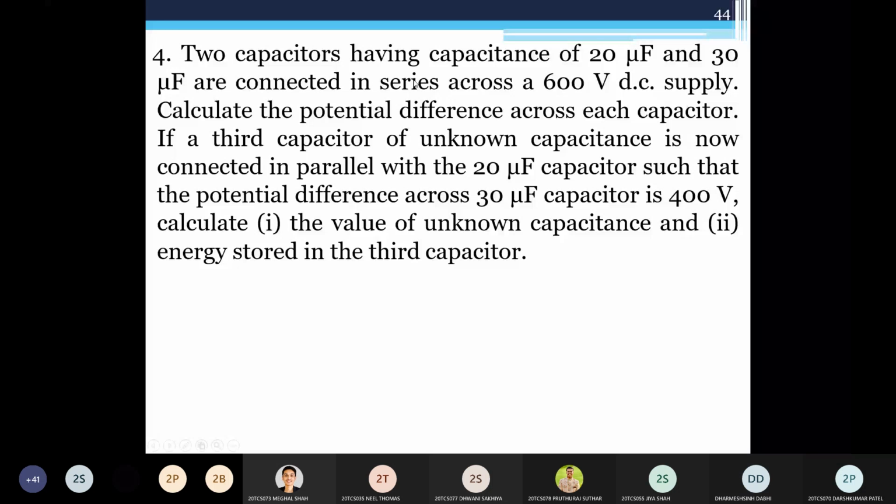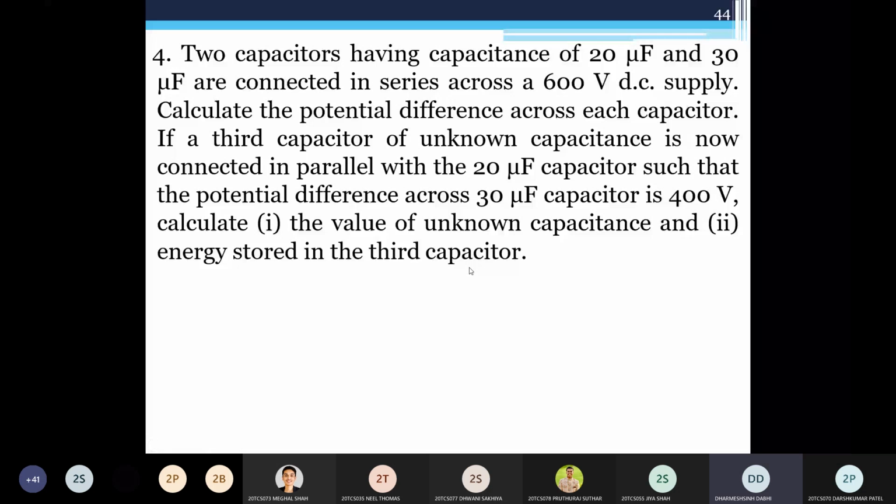Calculate the potential difference across each capacitor. If a third capacitor of unknown capacitance is now connected in parallel with the 20 microfarad capacitor such that the potential difference across the 30 microfarad capacitor becomes 400 volt, calculate the value of the unknown capacitance and the energy stored in the third capacitor.